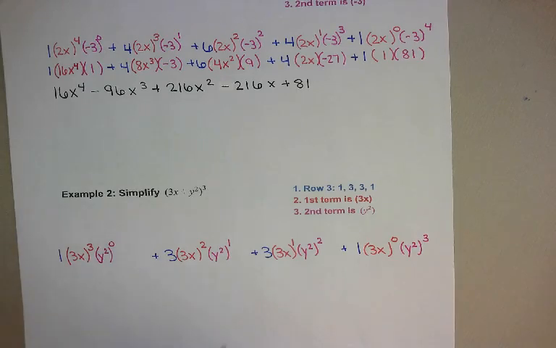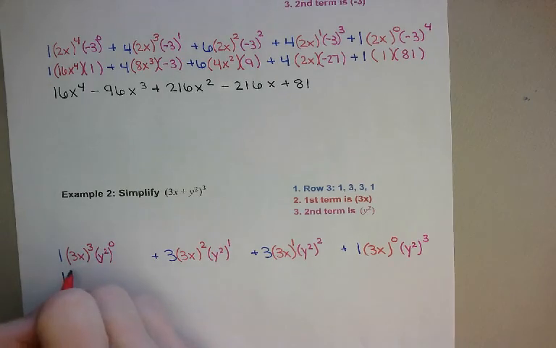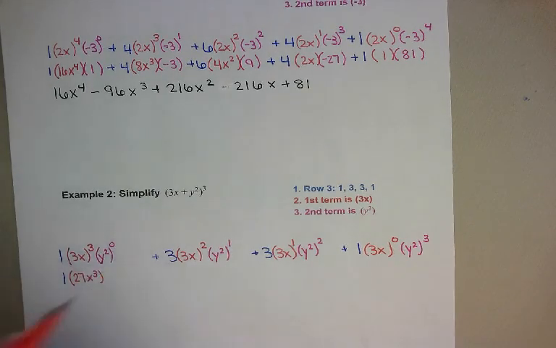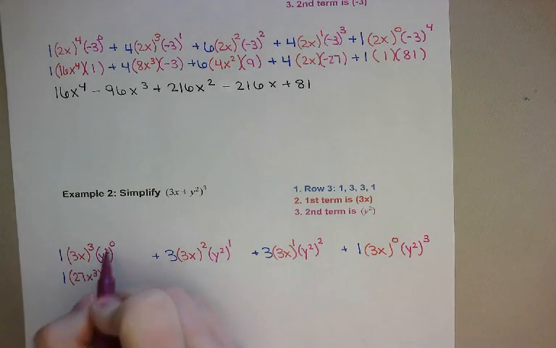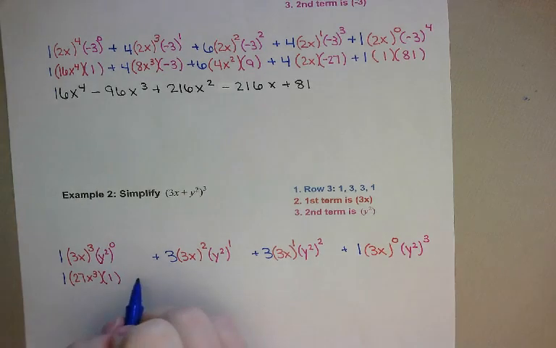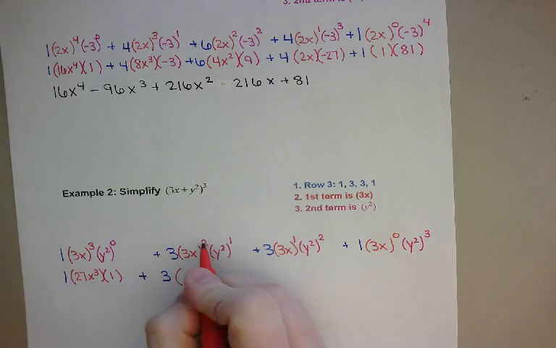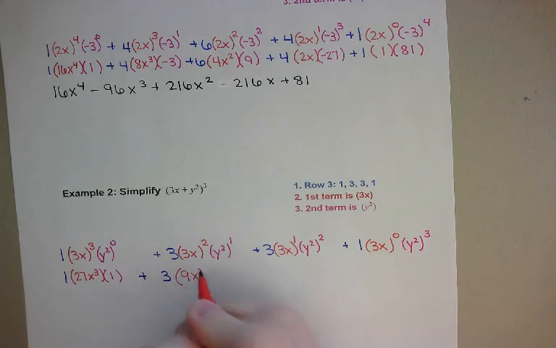Okay. So I've got my 1. 3x cubed, 3 cubed is 27, so I have a 27x cubed. Anything to the 0 power is always 1.